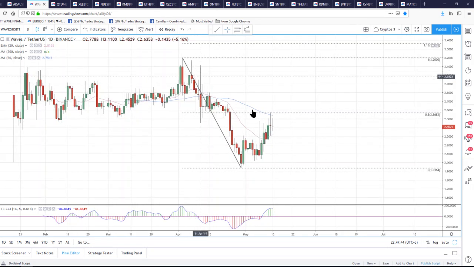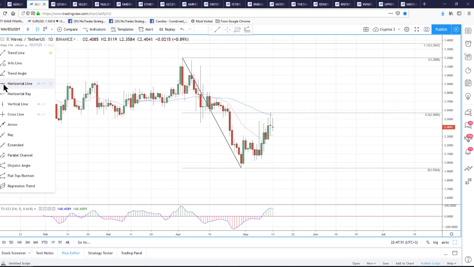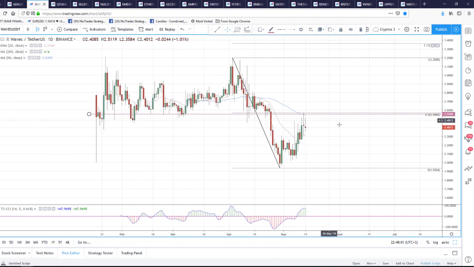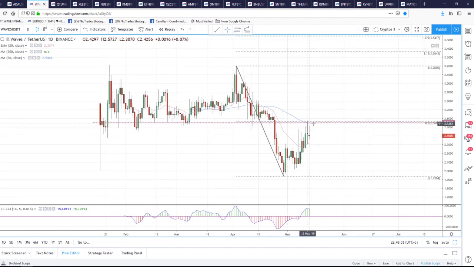So, in Waves Tether, this 50% level, which is quite a strong pivot level if we look left, is where we've got stuck. So you can see here, look, lows, lows, lows, lows, lows, high. So not just the daily 50 moving average, but the mid range. So we've got a big sideways range, look, lows, highs, and we're in the middle of it in Waves dollar.